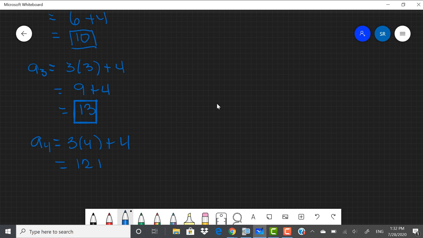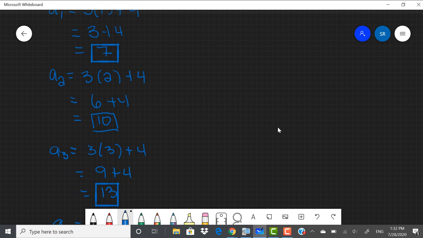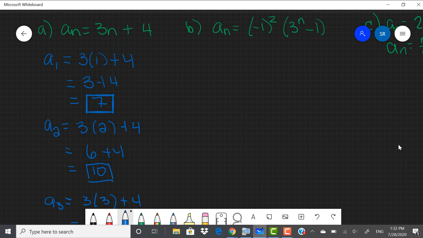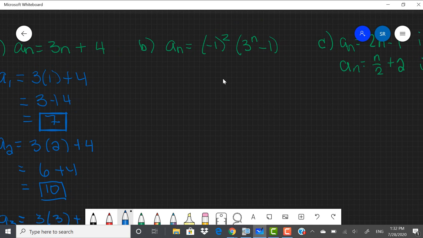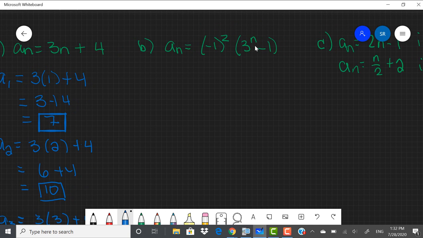So that is just 12 plus 4, which equals 16. So that's it for our first equation. Now the second one, there is a little bit more going on here. Okay, so in this one you'll notice there's an n in 2 spots, and that's okay, that can happen.